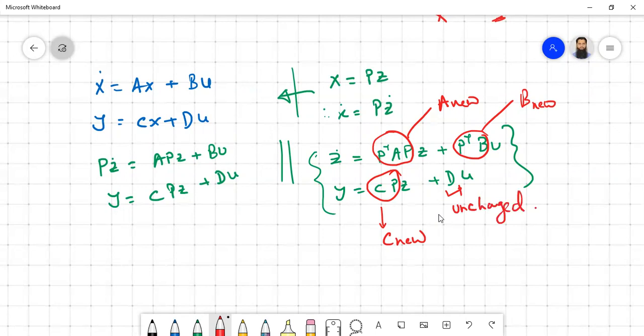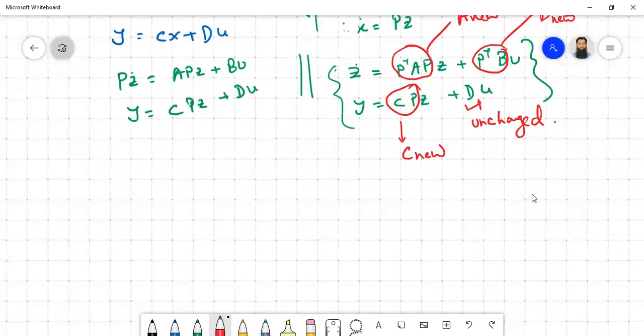Okay, now our concern is whether the transfer function remains the same or not. It may happen that the new system produces a different transfer function.